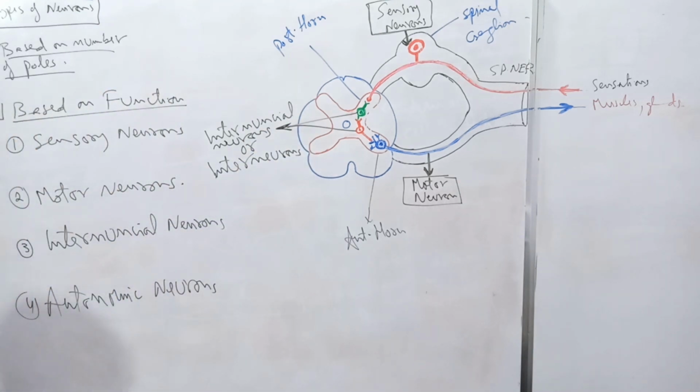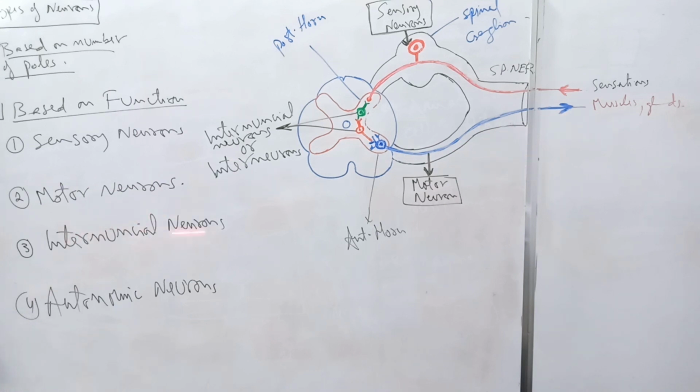So, based on function, those neurons which can carry sensation from periphery toward the central nervous system, that is brain and brainstem, I have drawn only spinal cord, are grouped as sensory neurons. Those neurons which carry impulses from brain, the brainstem and spinal cord towards the periphery and supply the muscle which contract, glands which secrete, such type of neurons are known as the motor neurons.